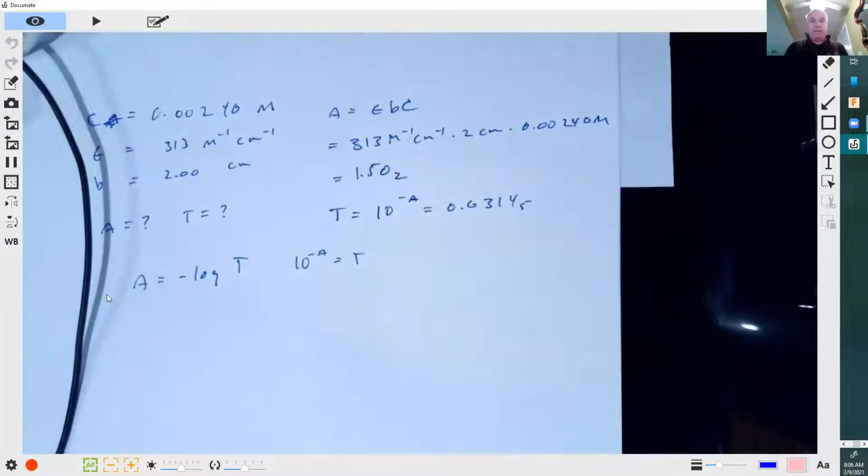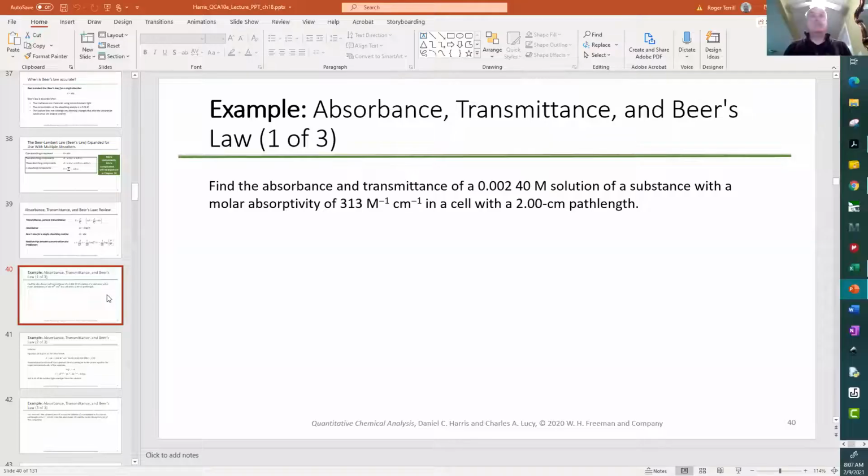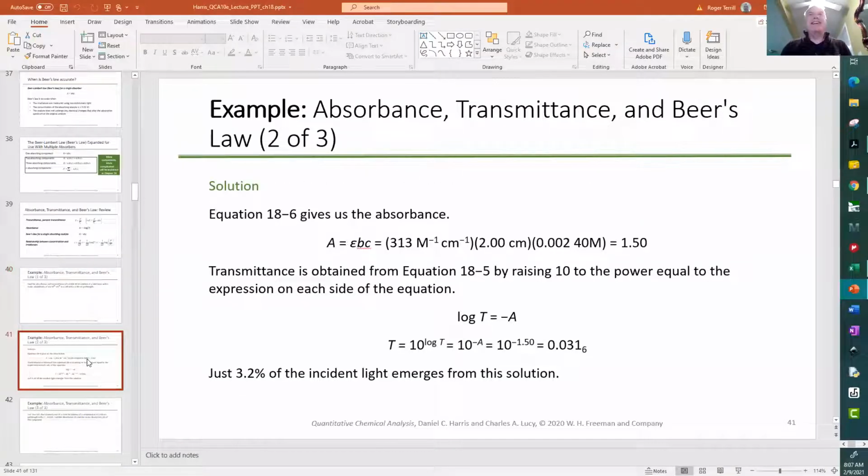Let's see if I got it right. Either you got it right or we both got it wrong. I got the same things. Okay, good. 316. Okay, well, we're really close anyway. 1.50, right? So there we go.